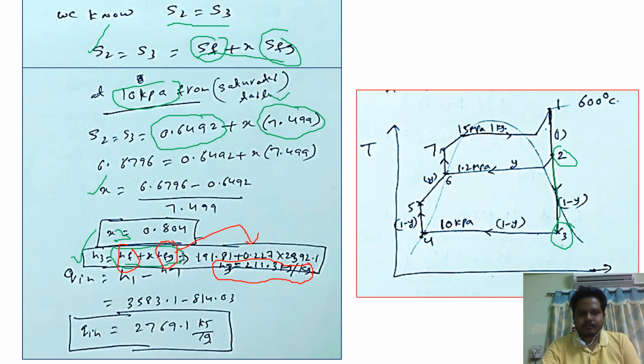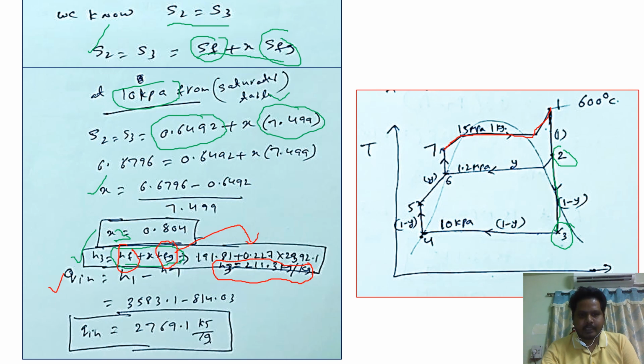Now we can find the heat addition in the boiler and heat rejection in the condenser. Once we know the heat addition and heat rejection, we can find the efficiency of the cycle. So let us find the heat addition in the boiler. As you can see in the TS diagram, heat addition in the boiler is in the process 7 to 1.